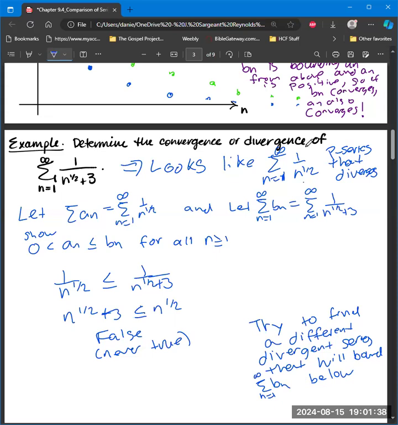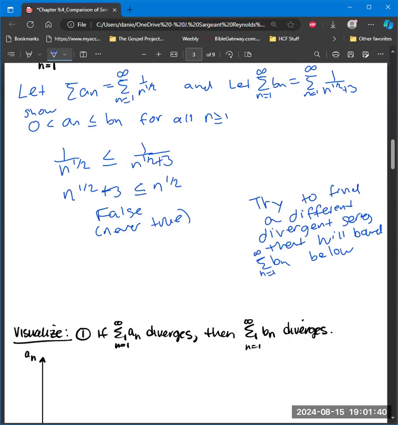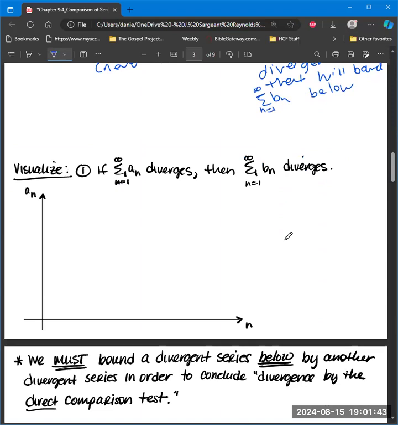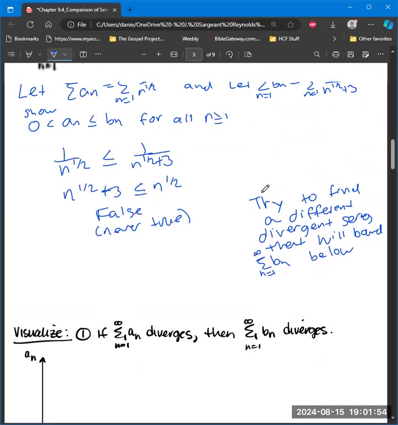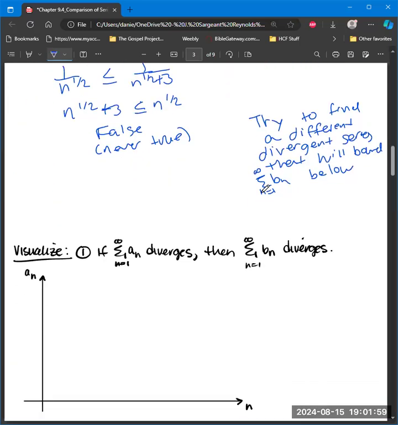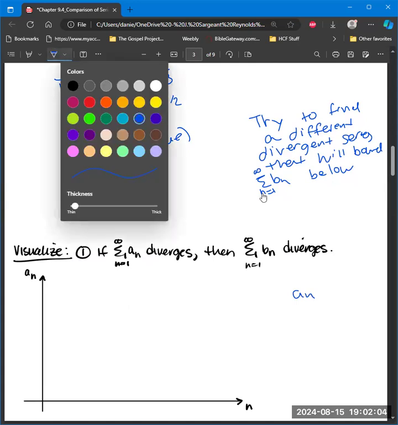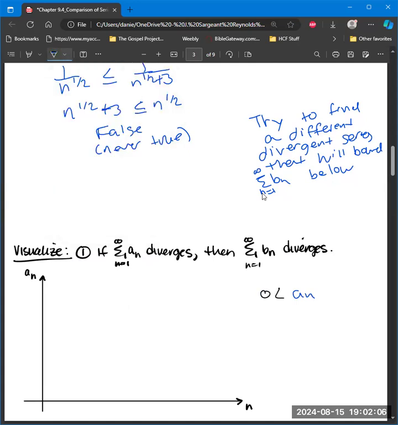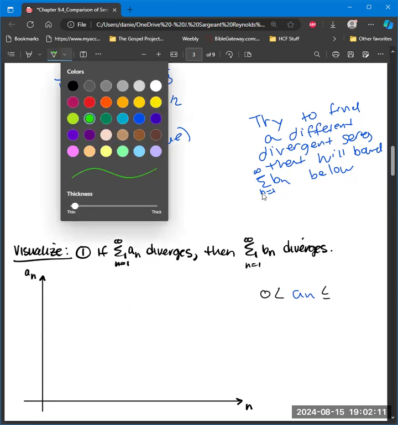Okay, so here's what we want and what we got so that you can have an idea of what's going on here. So right now we have an is going to be in blue, and we have 0 less than that, less than or equal to bn is going to be in green again.